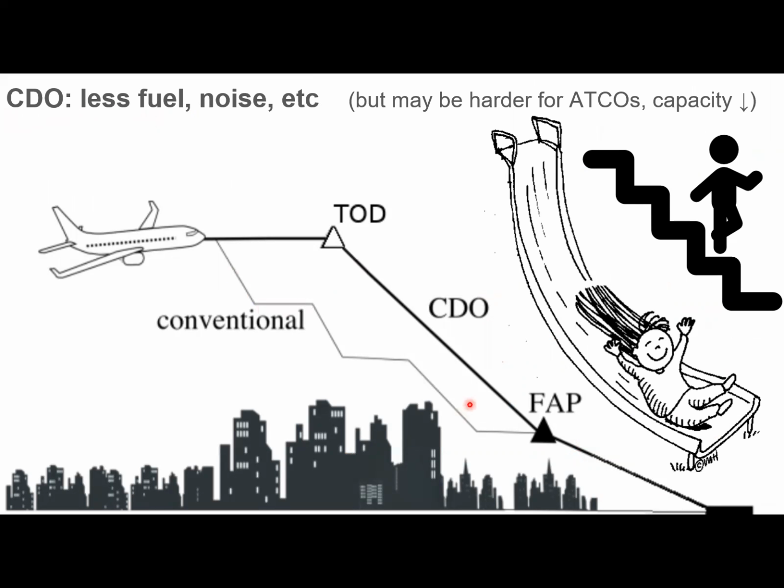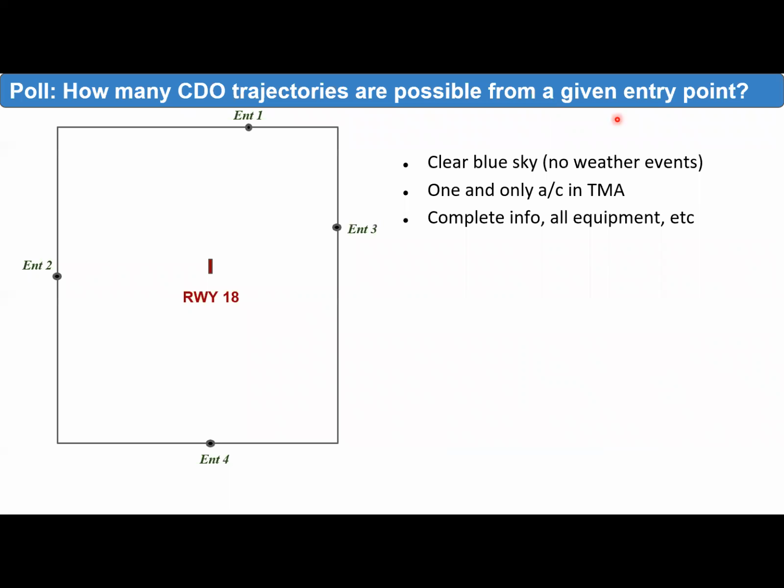So instead of the stepwise approach, the aircraft really just slides. I like to think about it as a slide with idle thrust, no speed brakes. Really good thing, but it turns out it may decrease capacity and may be hard for the controllers. I would like to see why that is so and mitigate the problems.